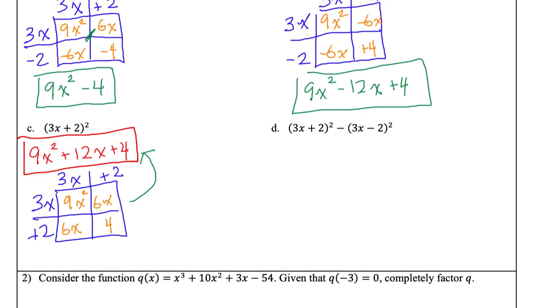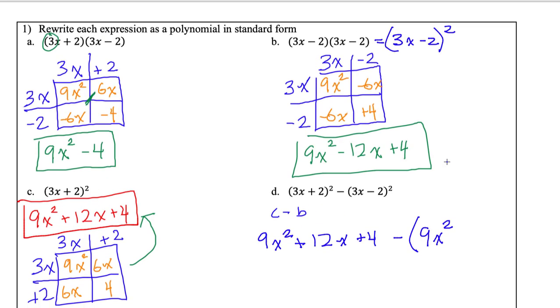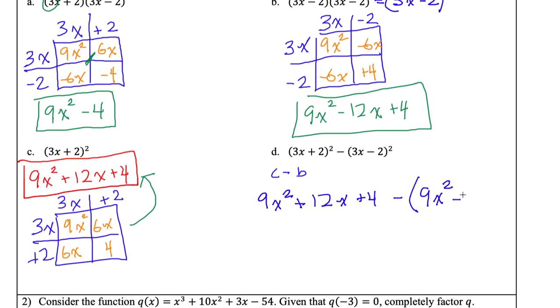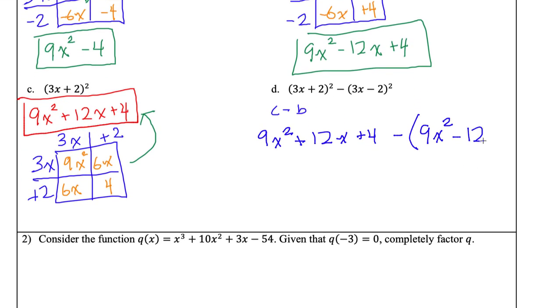So if I rewrite them, D is really C minus B, and part C was 9x squared plus 12x plus 4, and then I'm going to subtract in parentheses here 9x squared minus 12x plus 4.